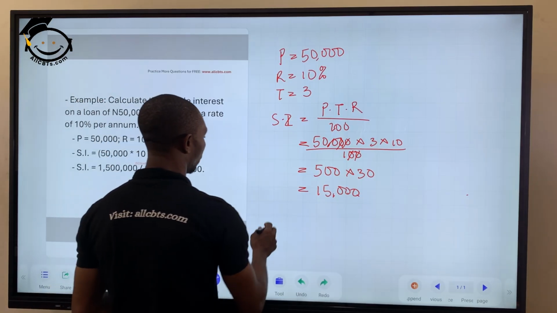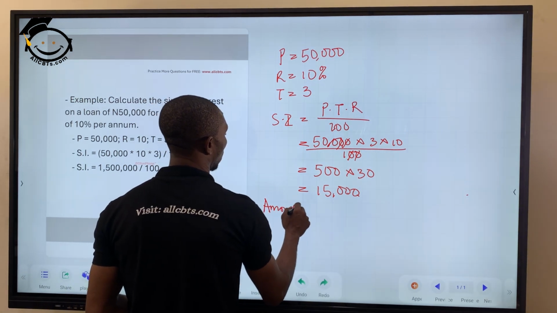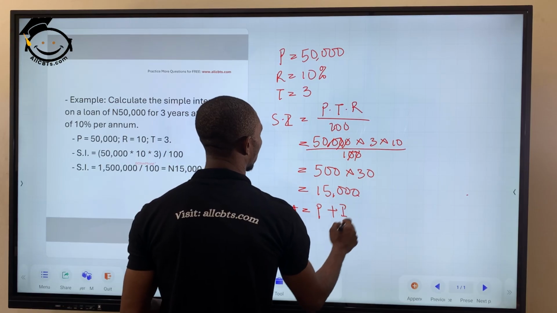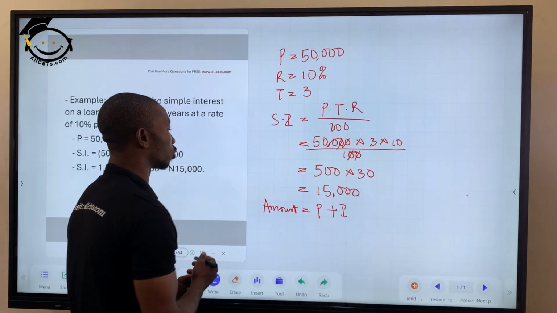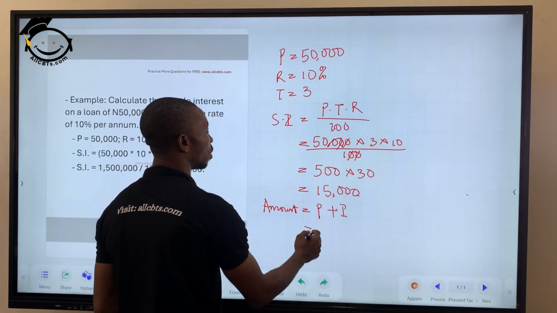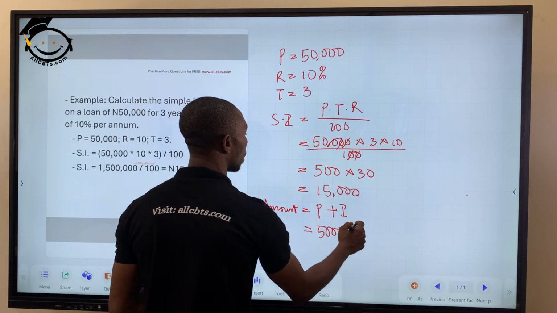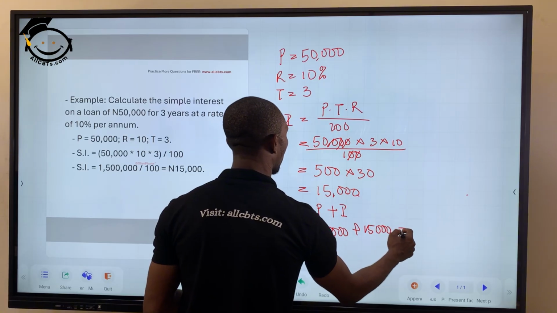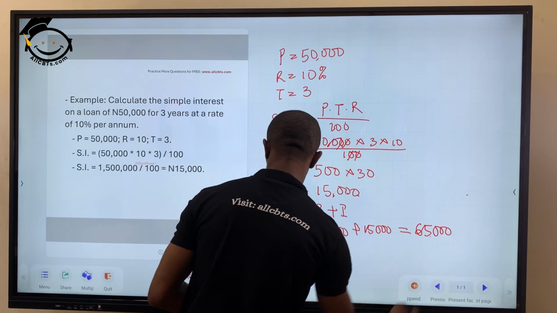All right, now the amount is always your principal plus interest. Okay, amount is always principal plus interest. So if you have to calculate the amount, this would be 50,000 plus the interest, 15,000, which will amount to 65,000.